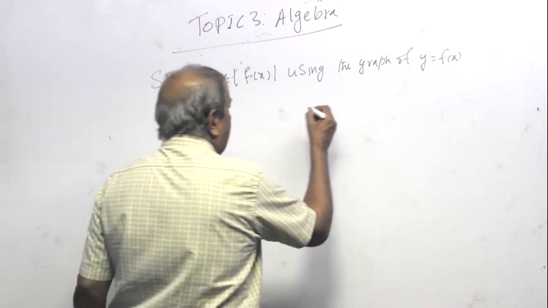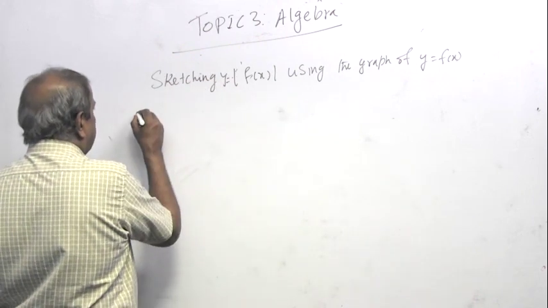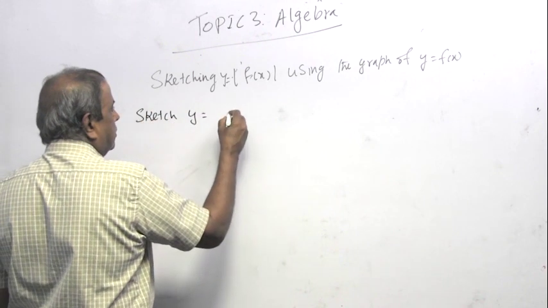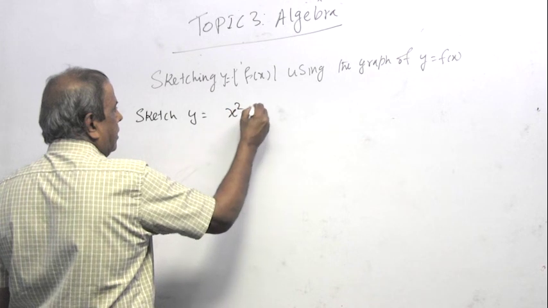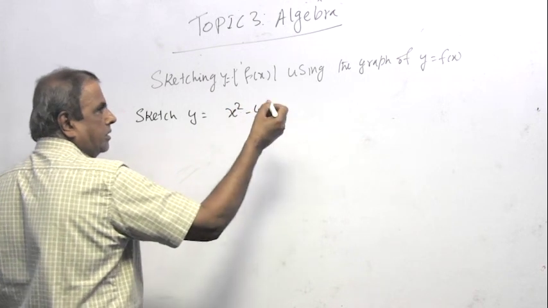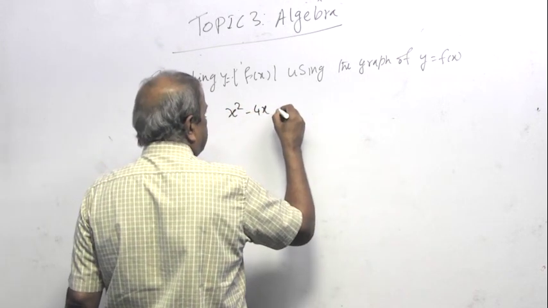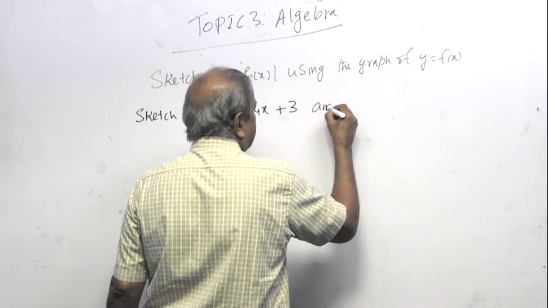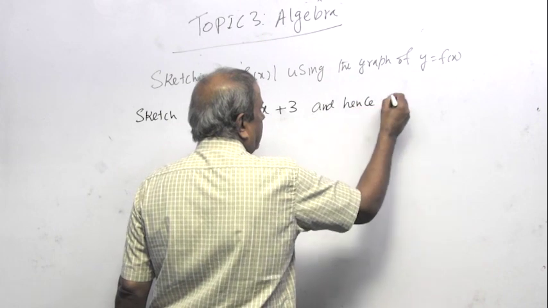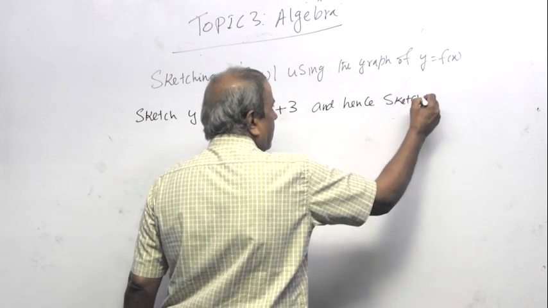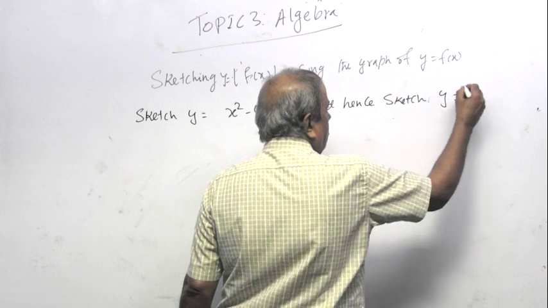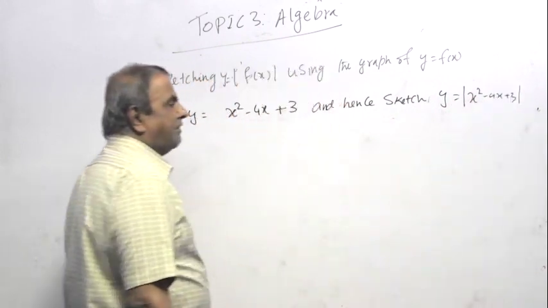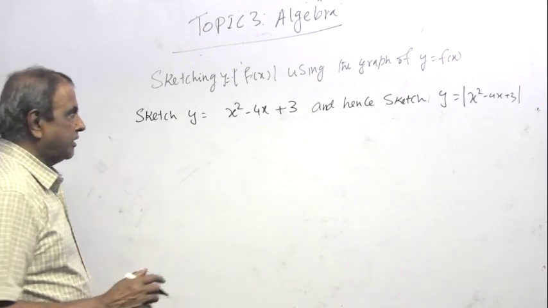Let's take an example. Sketch y equal to x squared minus 4x plus 3, and hence sketch y equal to modulus of x squared minus 4x plus 3. I'm taking a very simple example to illustrate the point.